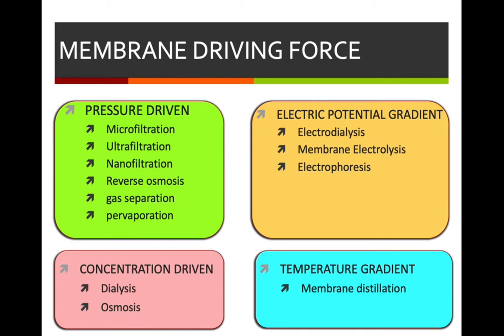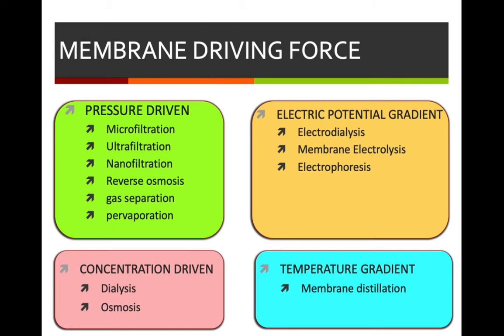For electric potential gradient, we have electrodialysis, membrane electrolysis, and electrophoresis. Let us see one, electrodialysis, for example. How does the membrane work in electrodialysis? It utilizes an electric potential difference as a driving force for moving salt ions in the solution. Again, we have seawater, for example.